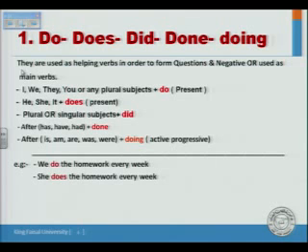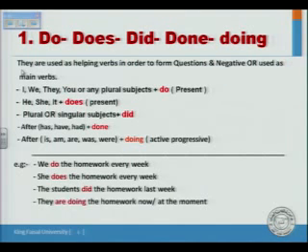You see here the difference between do and does. When we change the subject we into she or he or it, we change the verb do to does. We add es. The third sentence: the students did the homework last week. You see last week is in the past, so we write the past form of do, which becomes did.